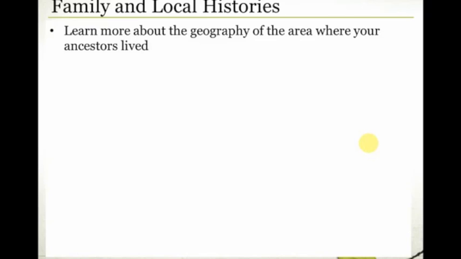I have one family who was from West Virginia now, but they never moved, and yet they lived in 4 different counties in 2 different states because the boundaries changed around them as West Virginia became a state. And so be really familiar with what that place was when they were there and what it has morphed into now, so that you know what you're looking for.